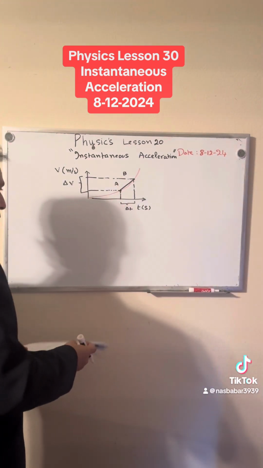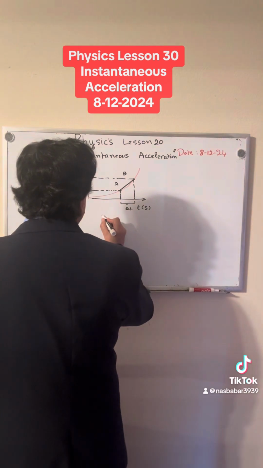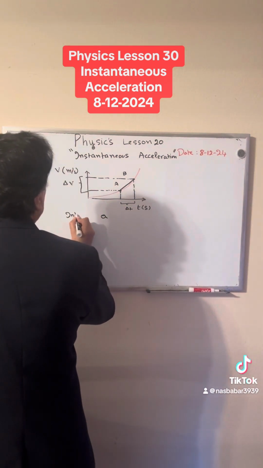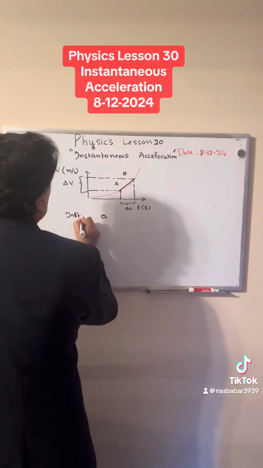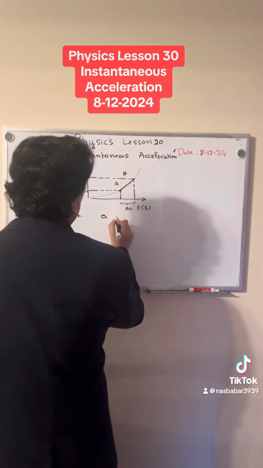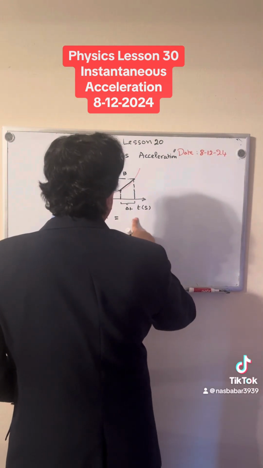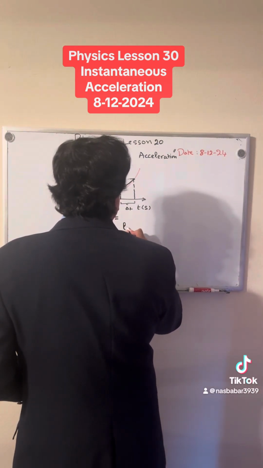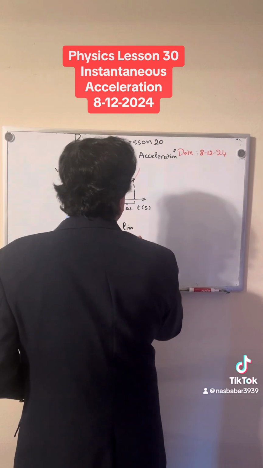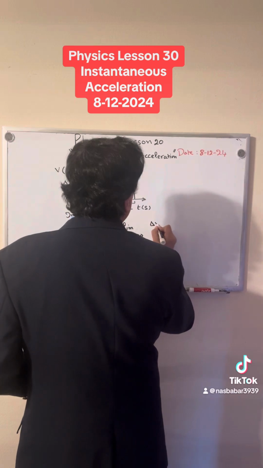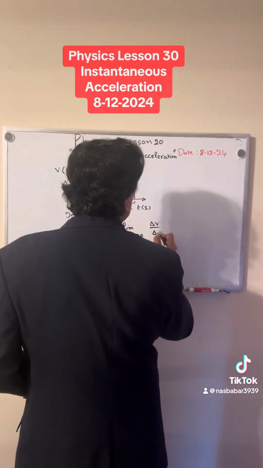Well, pretty much the same concept. So instantaneous acceleration would be equal to, first of all, I would say the limit as delta t approaches zero of delta v over delta t.